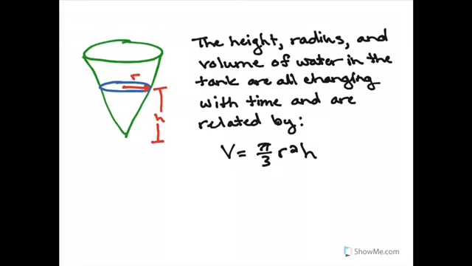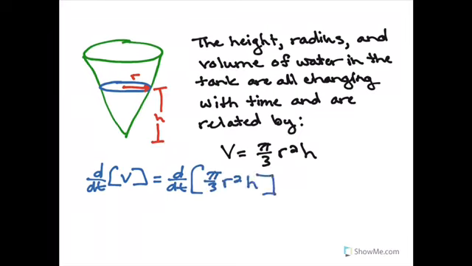So if we take the derivative of both sides of this equation, that'll give us how everything is changing with respect to time. So if I do the derivative with respect to time of V and the derivative with respect to time of the right-hand side, well, I'm just going to get dV/dt on the left-hand side.